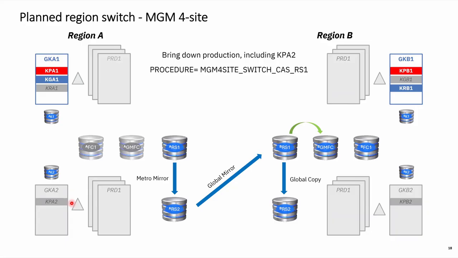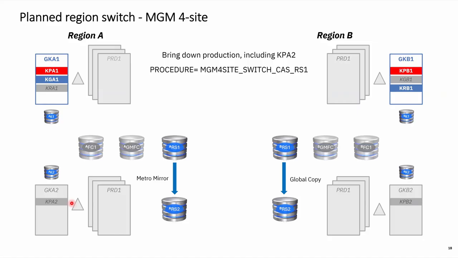After you do that, you're going to run some workflows or some scripts, and it's going to be a single script statement. And it's going to say procedure equals MGM Foresight switch CAS1 to RS1. So with this single script statement, you're going to stop your global mirror relationship from region A to region B. This will allow us to drain the data.